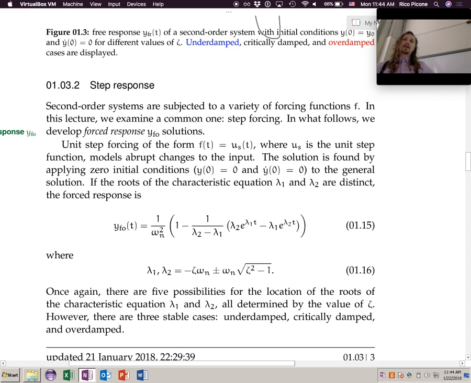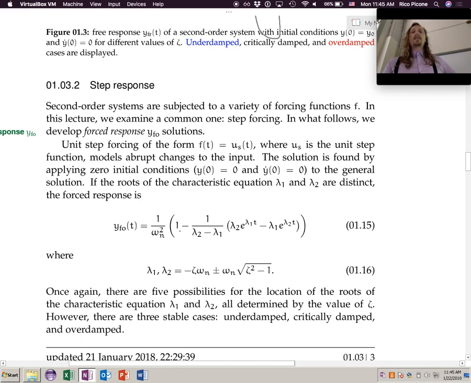So if the roots of the characteristic equation lambda 1 and lambda 2 are distinct, the forced response is given by equation 1.15, which looks a lot like our free response solution, except we've got this 1 minus thing happening here, right?